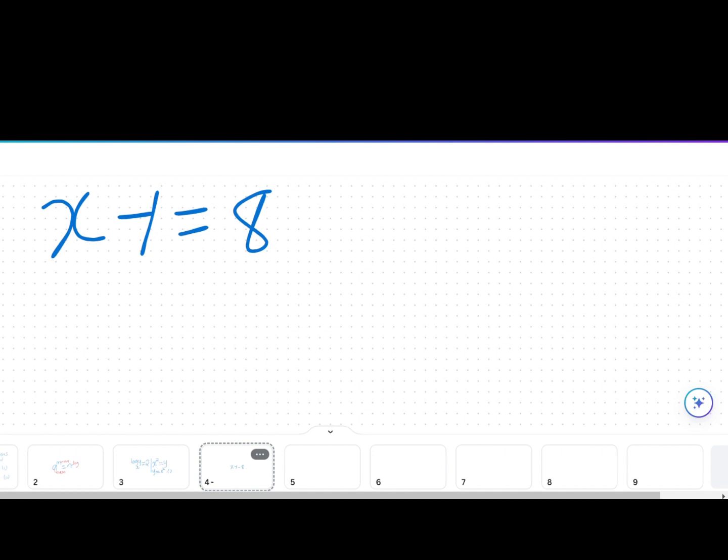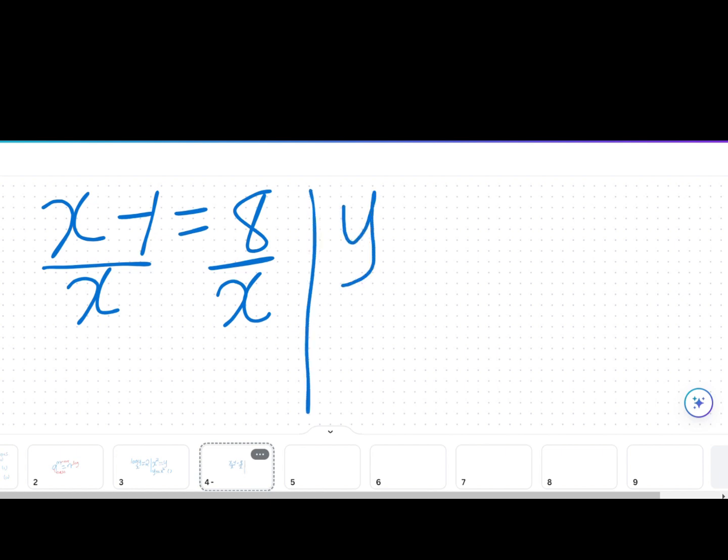So how do I make y the subject of the formula? I'm going to divide through by x, so that I have y is equal to 8 over x. Then allow me to call this equation 4.